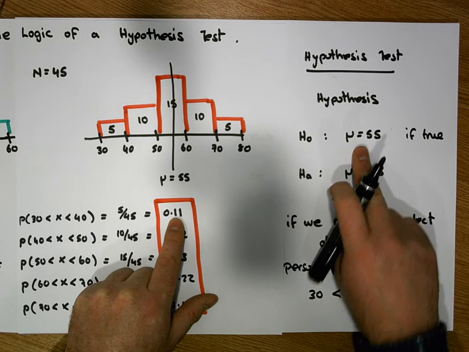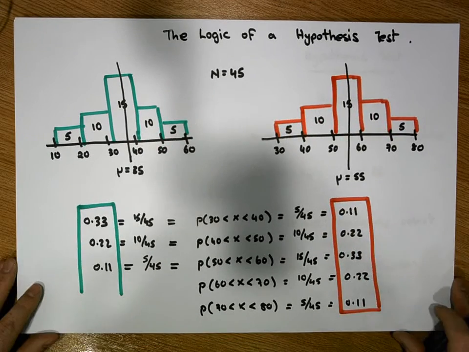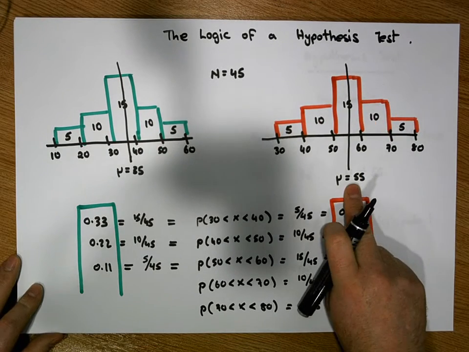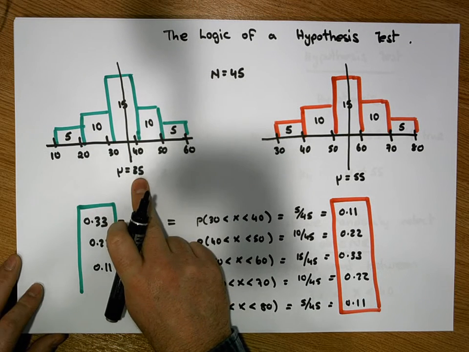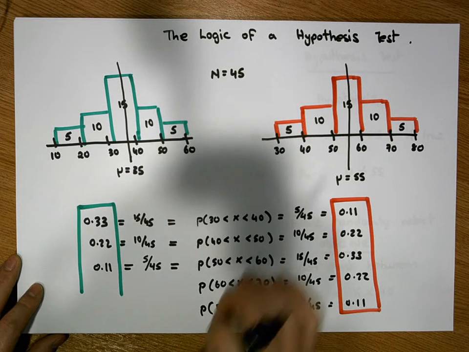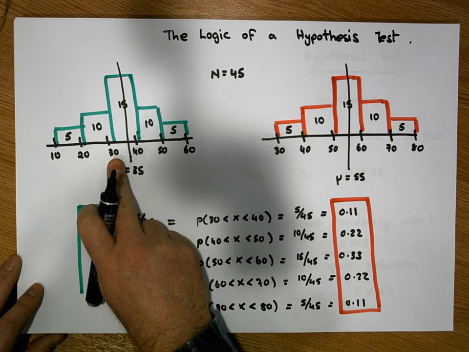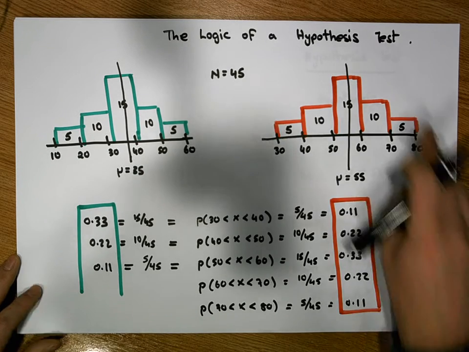Now if this is not true, in other words, if the mean is not positioned on 55, and let's say the mean is positioned on 35, well, the probability of us randomly selecting someone from the population and them having spent between 30 and 40 euros would be pretty high. And this is the logic of a hypothesis test.